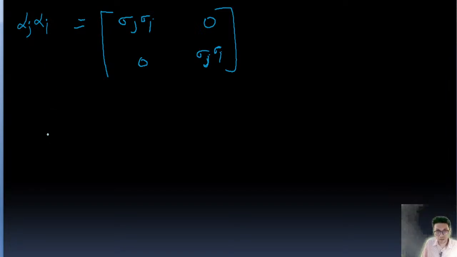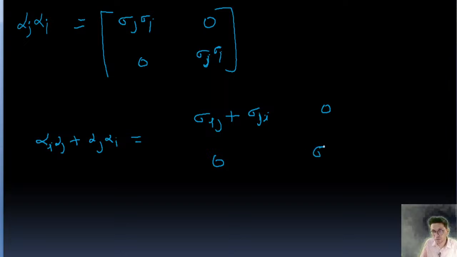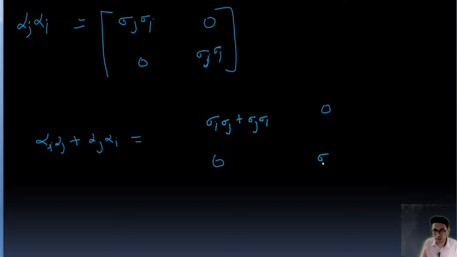So from here we can write alpha_i alpha_j plus alpha_j alpha_i. This is going to be sigma_i sigma_j plus sigma_j sigma_i on the diagonal, and 0 elsewhere.